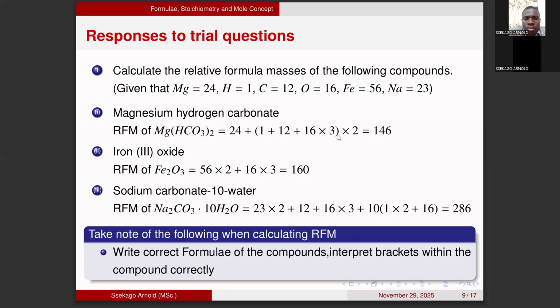Then you also have to substitute correct relative atomic masses of the elements that make up a given compound. These RAMs, I am acronyming them as RAMs, the relative atomic masses of the different elements that make up a compound. That information is always given.